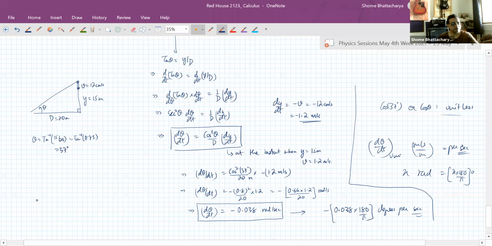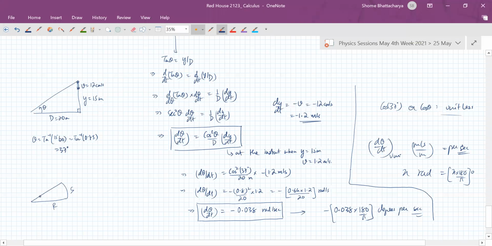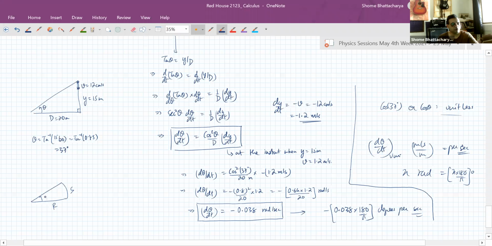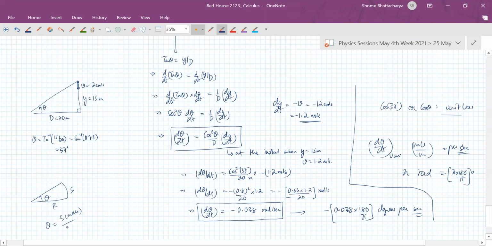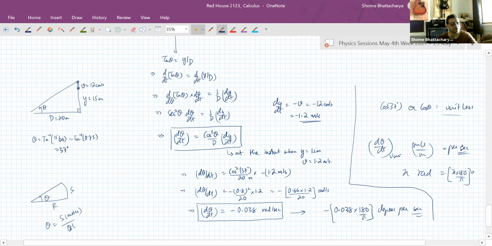No, see, that is the point. How do we define angle? We define angle as the ratio of arc upon radius. So when we divide the arc in meters by radius in meters, or centimeters by centimeters, we get theta in what unit? We get it in radians. So radian is actually a unitless, or what we say, dimensionless unit.